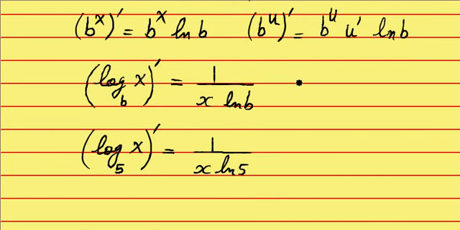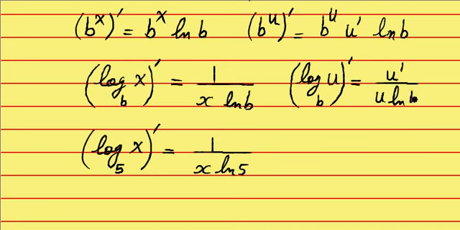And let's go ahead and mention the chain rule while we are talking about this. If you have logarithm of something other than x, a function of x, where u is just representing some function of x, and we are differentiating everything with respect to x, by the chain rule I have to multiply with the derivative of the substitution as well. So I'll have u prime over u and then logarithm of b.